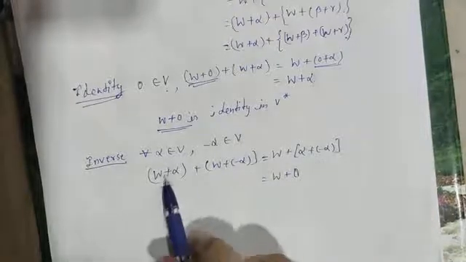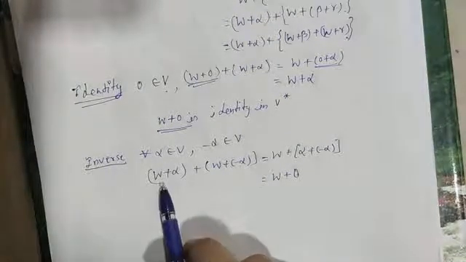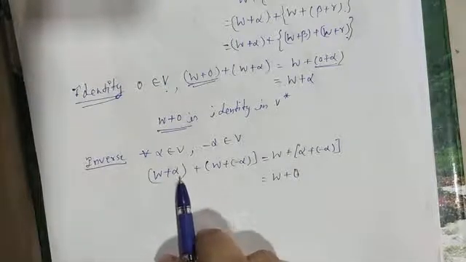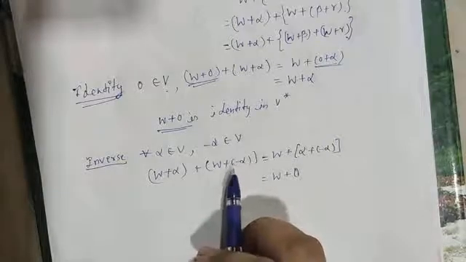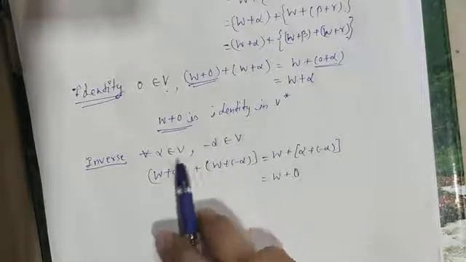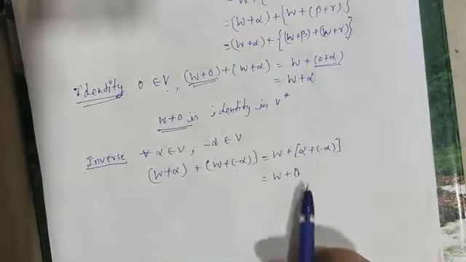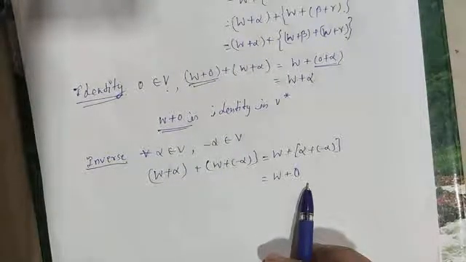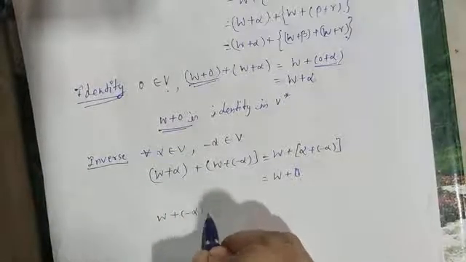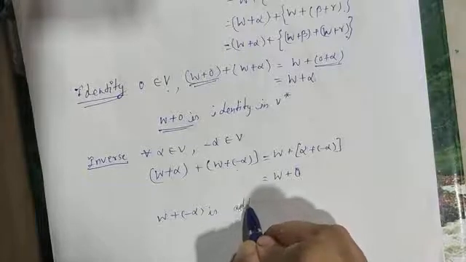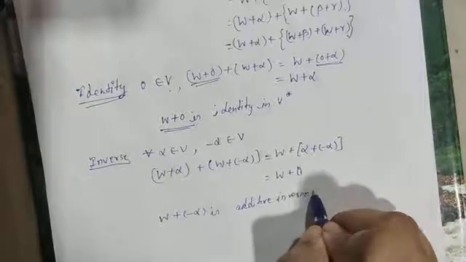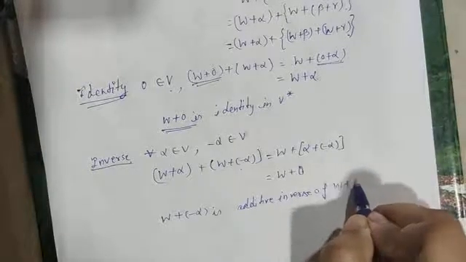So you can see here that for each element W plus alpha, there exists W plus minus alpha, such that when we add these two, we get the identity element in V star. So we can say W plus minus alpha is additive inverse of W plus alpha.